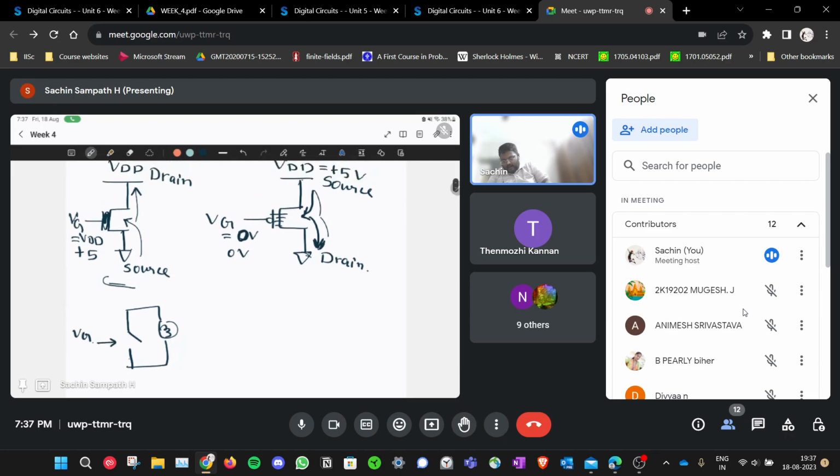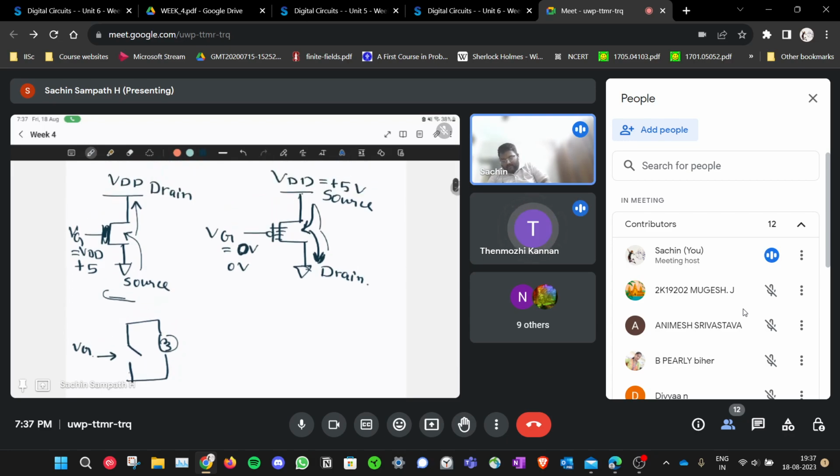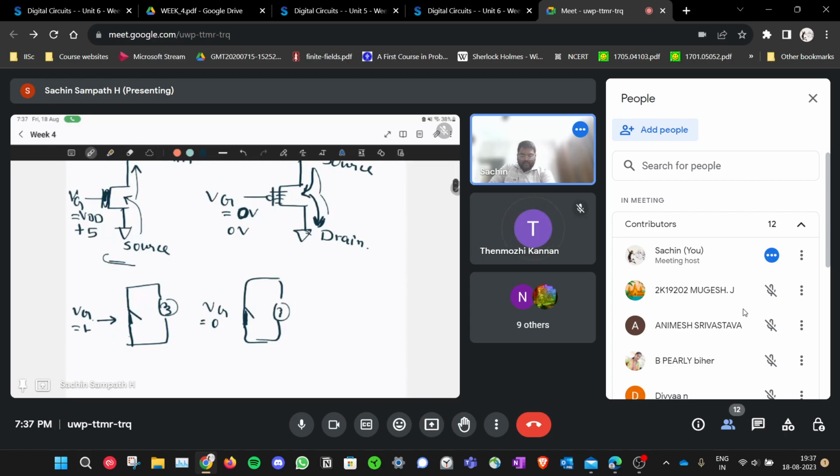Right? And for this NMOS transistor, when gate voltage is high, then the switch is closed. So a circuit is formed. But for PMOS, it's the opposite. If you give a low voltage to this gate, then it will close. If you give a high voltage, it will stay open. That is by the design of the transistors.